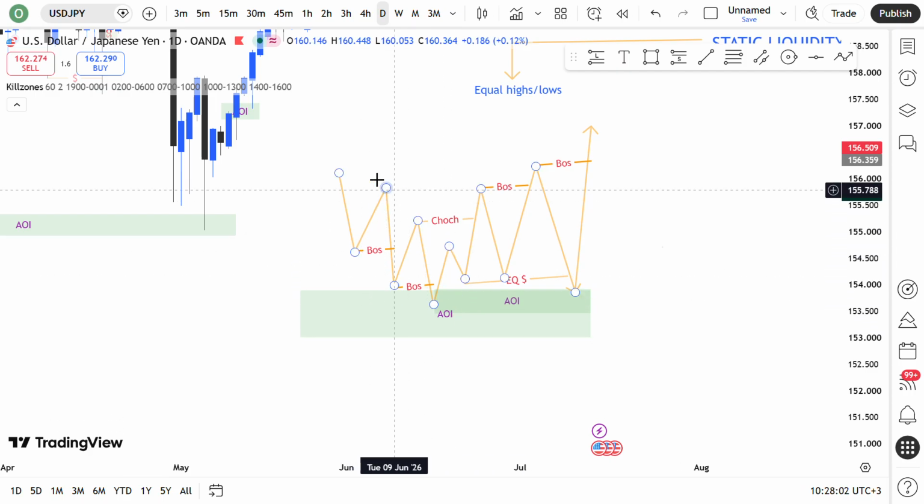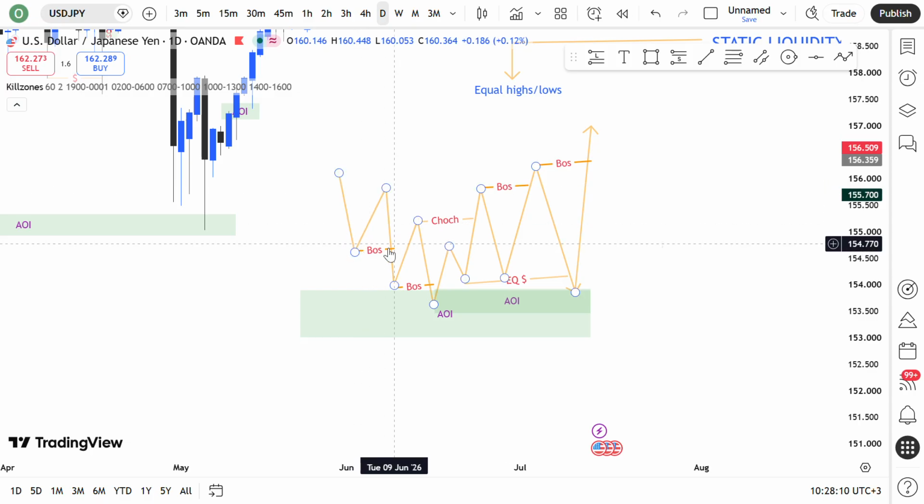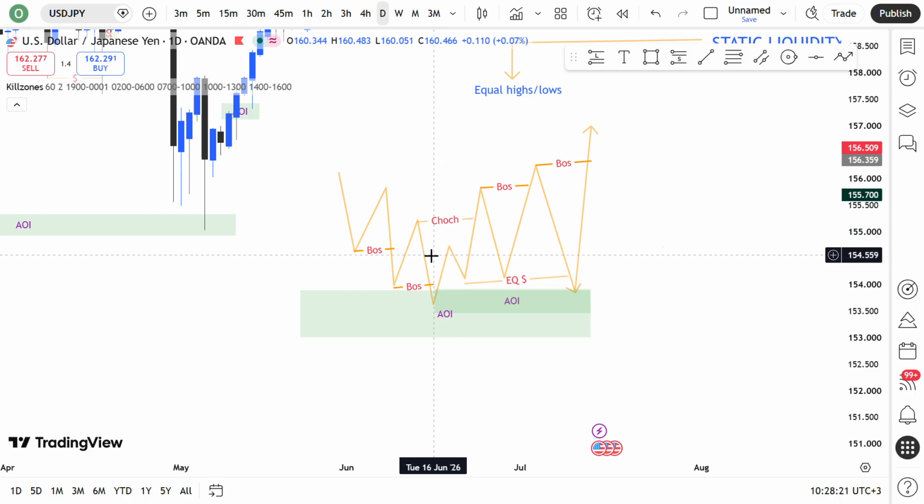On a lower time frame, this retracement comes on lower momentum, giving us a clear break of structure before coming into a key zone, which is an area of interest from a higher time frame. Immediately after the market has mitigated the key zone, we can see the bullish momentum coming in, the buyers coming in aggressively, changing direction, giving us a change of character, which means the market has shifted price from bearish momentum into bullish momentum.